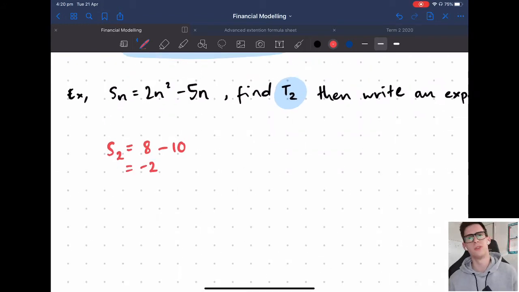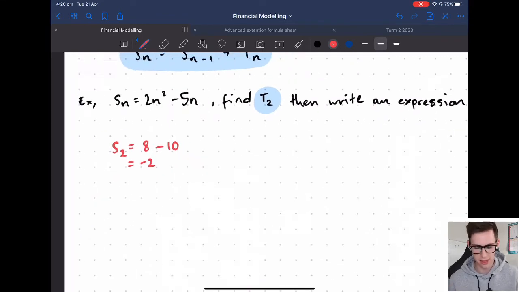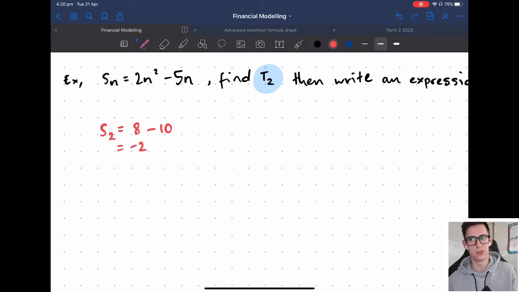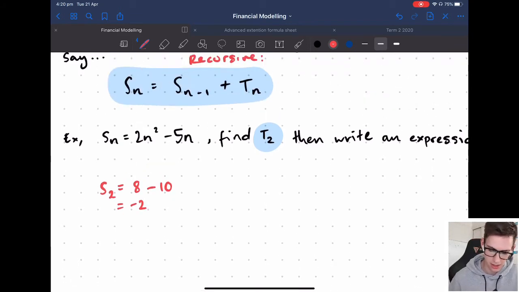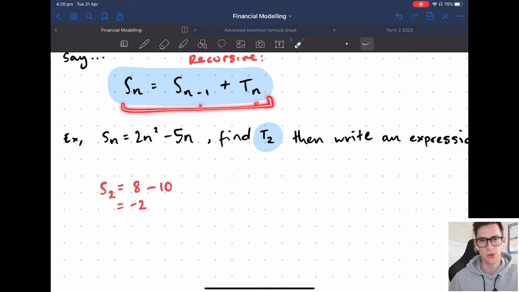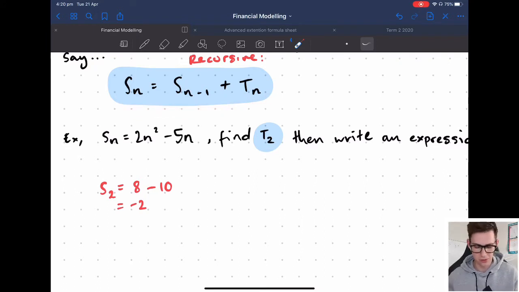Now you're going, well, what use is that? But think about it, and it's usually when I'm doing 2s that this is really useful. If I have the second sum, I can use the sum before it, so the first sum, to write it in terms of that sum and that term. I know this can be kind of confusing, but bear with me.